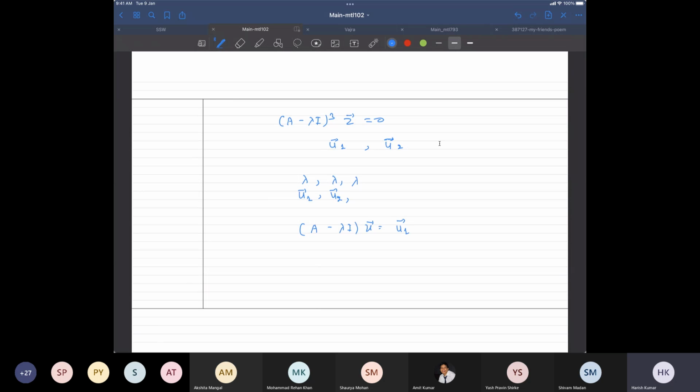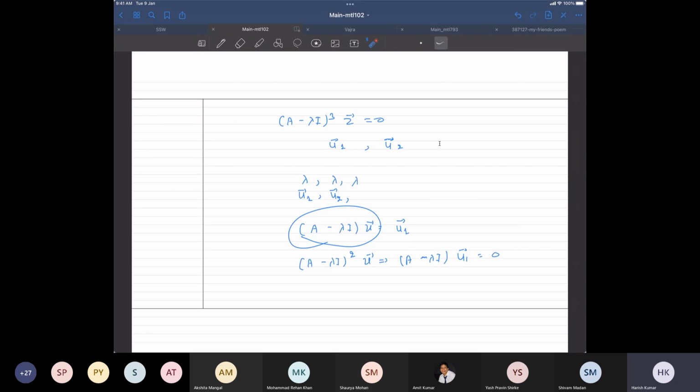Okay, my claim will be that this is the generalized eigenvector. So why will it be a generalized eigenvector? This will be basically A minus lambda I square. When you apply it on this v, this will be A minus lambda I u1, which will be 0, and of course A minus lambda I v is not equal to 0.